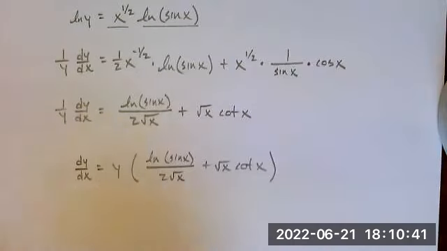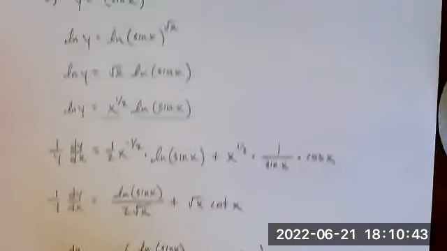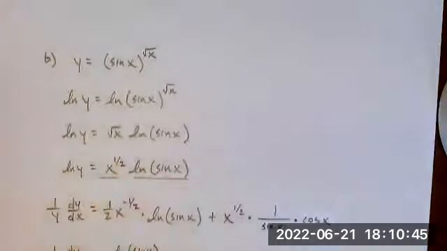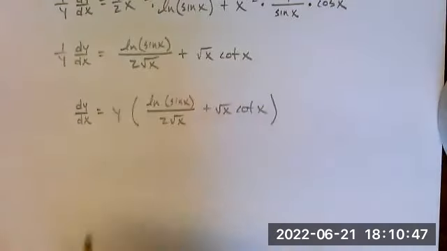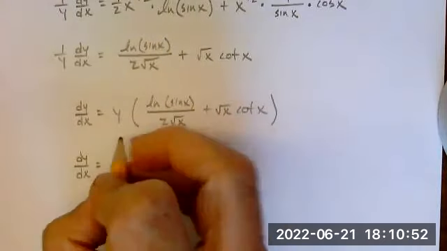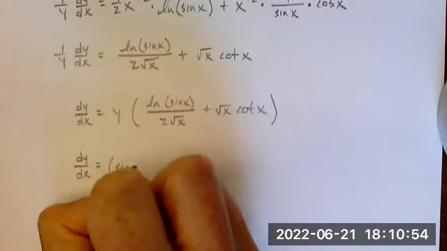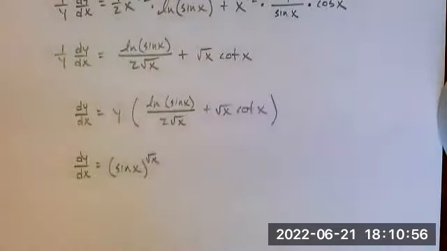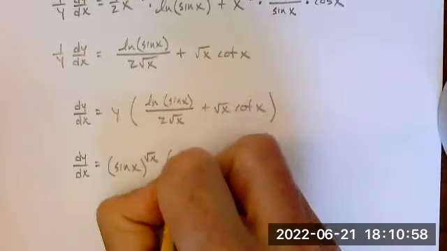Very last step, replace the y with what it is equal to, so you have your derivative just in terms of x only. So this was the sine of x raised to the square root of x times all this other stuff.